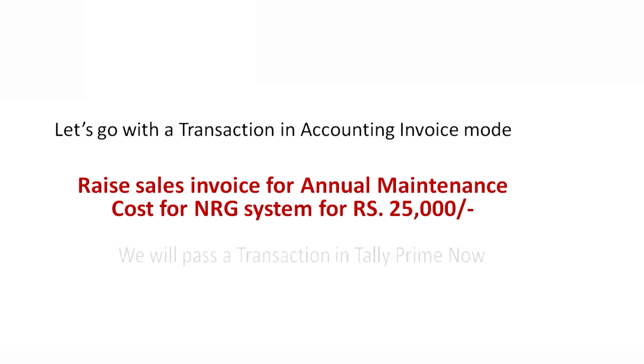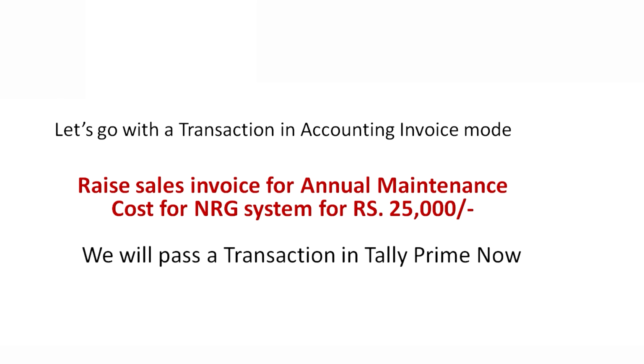So we have just sold a Dell computer and HP computer. For the same, there should be a maintenance cost for 1 year. So that will come under service. So we use our accounting invoice to pass this transaction. So let's see how to pass this transaction in Tally Prime.